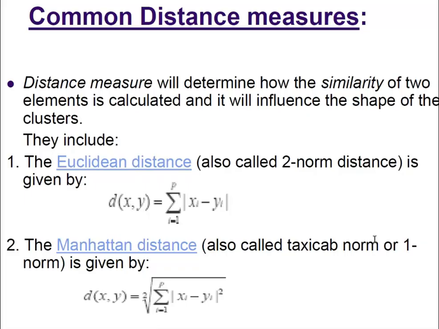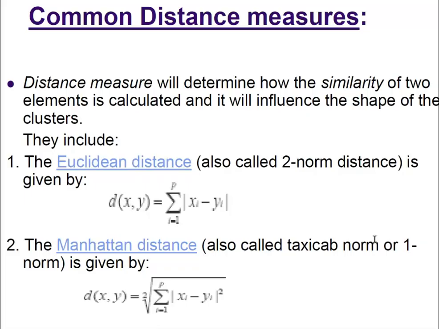The second measure is called Manhattan distance, also called the taxi cab norm or one norm. Instead of going in a straight diagonal line, you travel along the grid, like navigating city blocks. So you can only move horizontally or vertically.